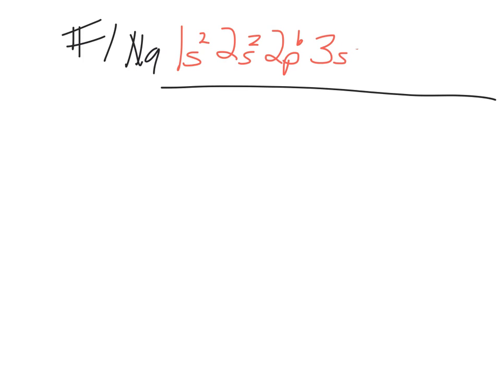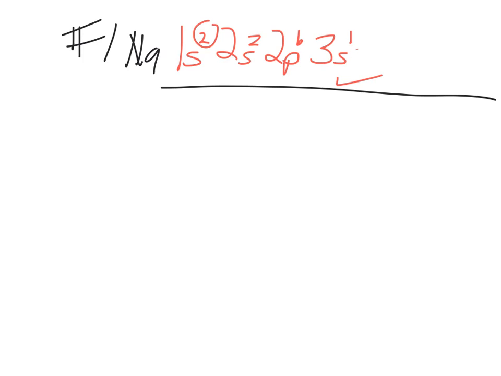It's supposed to be 3s1. Don't forget to stop at your stopping point. Do we have the top numbers? Yes, you must show the top numbers because that's part of your electron configuration. You can add them up and make sure you're right. That's how you're going to do the top part of your assignment.